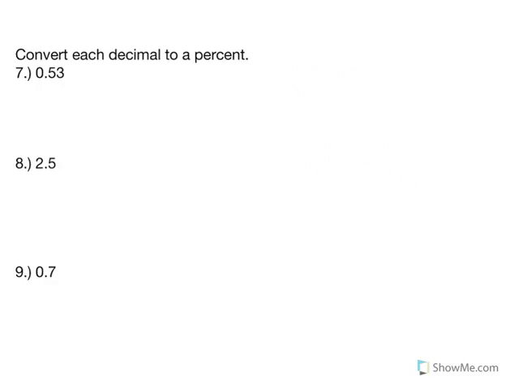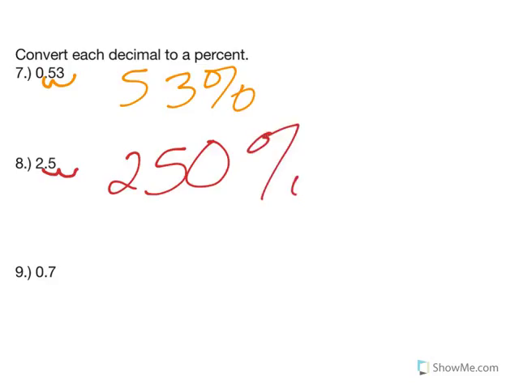So for this one, if I want to change it to a percent, I locate the decimal. Multiply by 100 means move it 2 places to the right, and I've got 53%. Multiply by 100, 2 places to the right. Notice the empty hump gets a 0, and I have 250%. In number 9, 2 places, I've got a hump, so I've got a 0, so 70%.